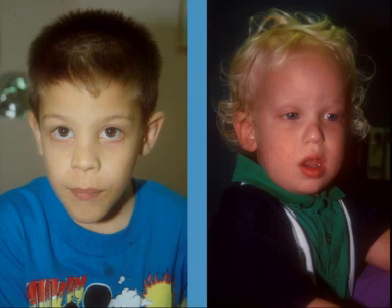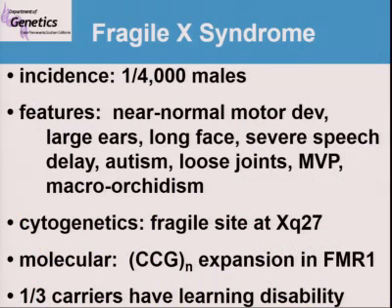I invoked Tiller's rule. I examined the rest of the patient. And when I got to the genital area, I was impressed, because this boy in particular manifested macroorchidism. It's not a consistent finding in Fragile X, but when you do see it, it's another clue. So I ordered the appropriate testing for him, and sure enough, both these boys have Fragile X syndrome.